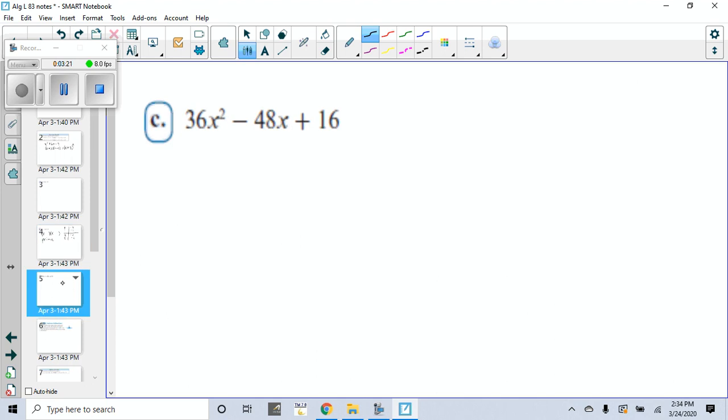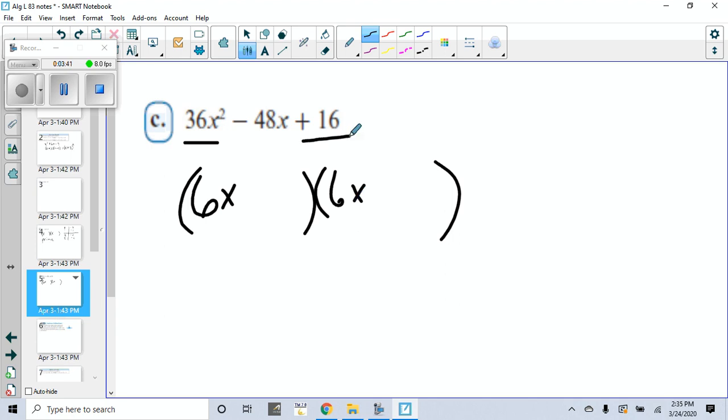Okay, so it wants to know if this is a perfect square trinomial. So with the first term, you would say, what is the square root of that term? And that would be 6x and 6x. And then you would say, what is the perfect square of 16?